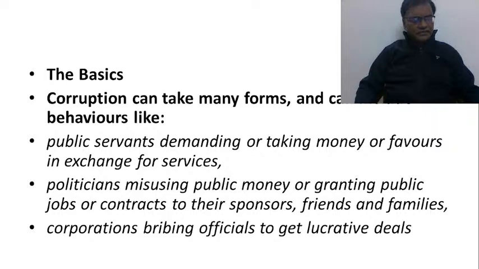This is a small corruption. Then go to much bigger ones. You have a big industry, a big factory that has come up in a forest area. Suddenly, the Ministry of Environment and Forest comes out with new guidelines for industries in these forest areas.